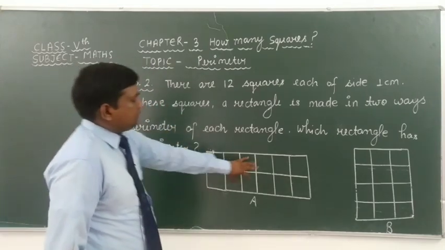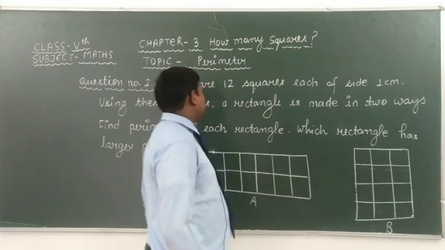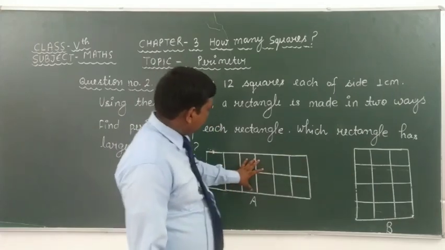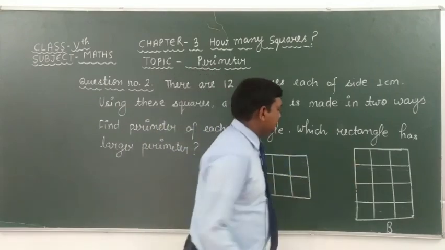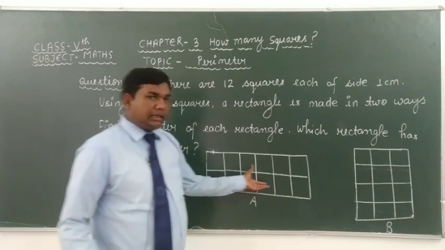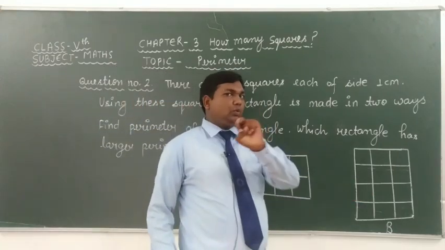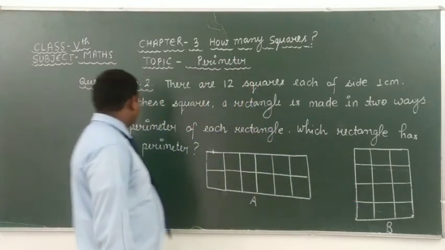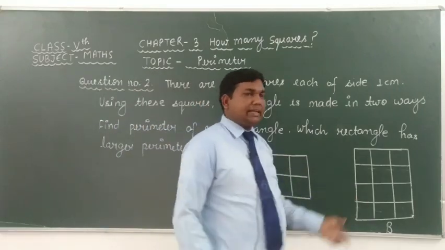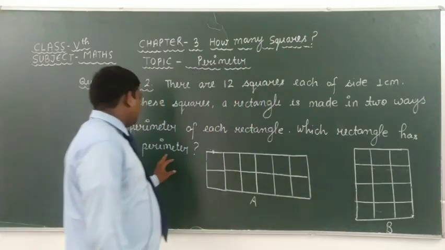Using these squares, a rectangle is made in two ways. So find the perimeter of each rectangle and which rectangle has the larger perimeter.